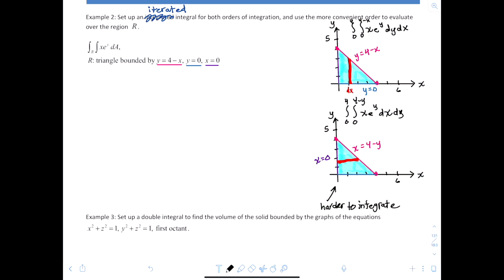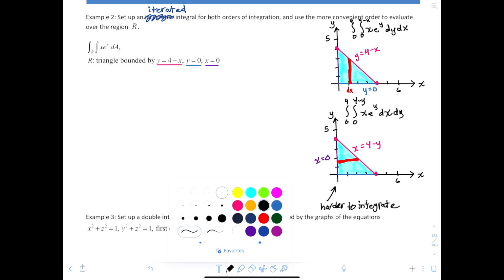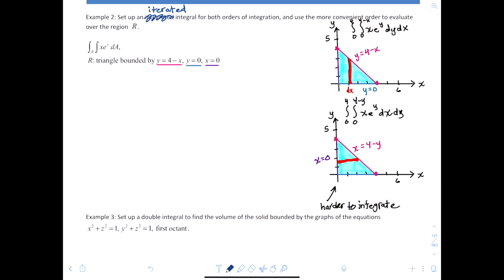Okay, so we're going to pick the top one. So we're going to do the integral from 0 to 4, integral from 0 to 4 minus x, of x e to the y dy dx.